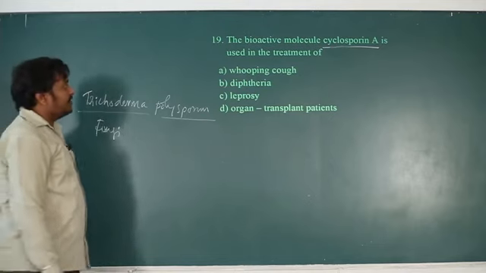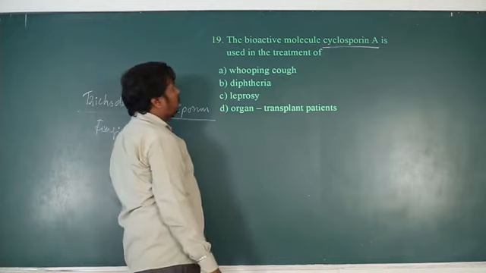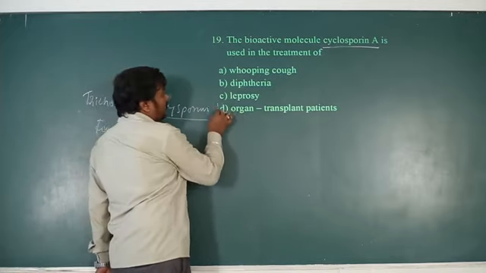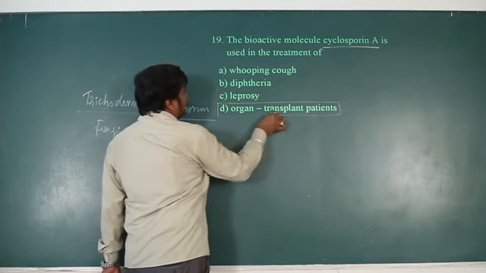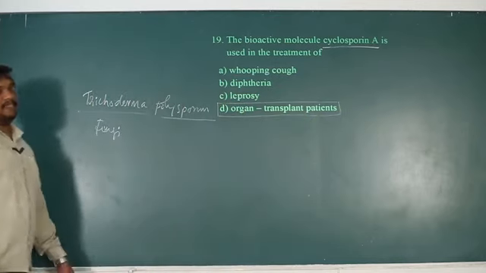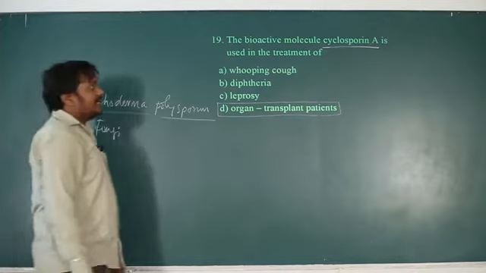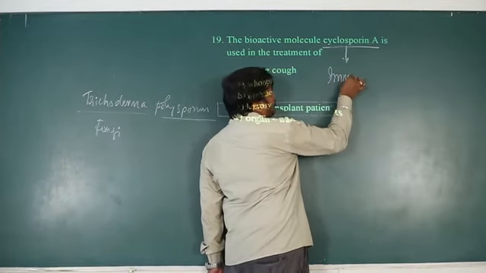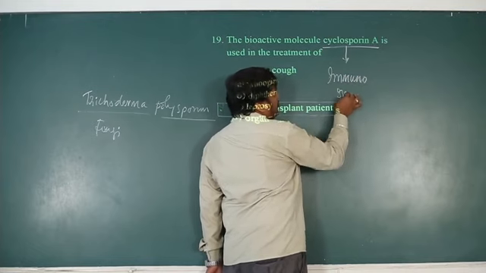From this fungus, we can isolate a chemical called cyclosporin A. Cyclosporin A is used to treat patients who have undergone organ transplant. This cyclosporin A acts as an immunosuppressive agent.